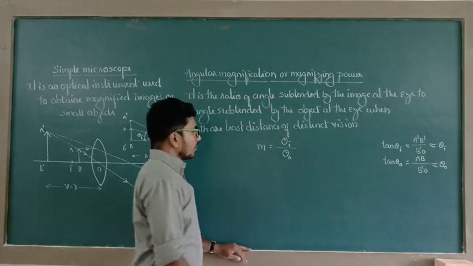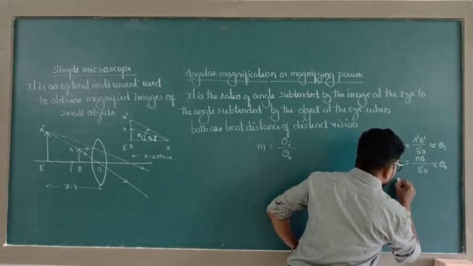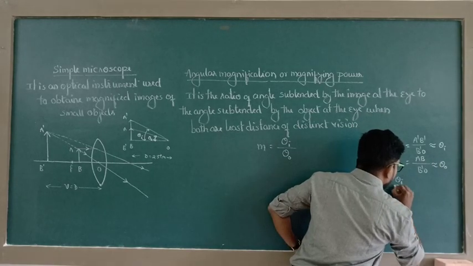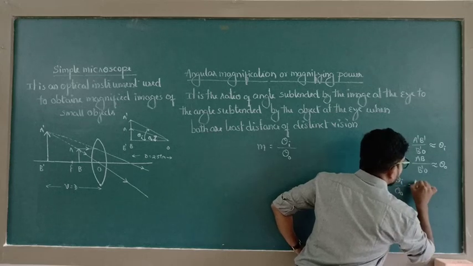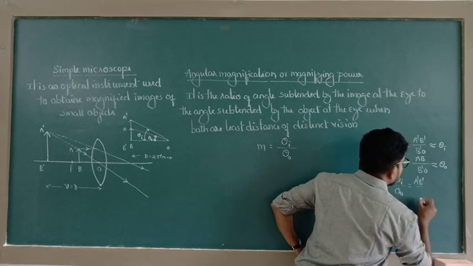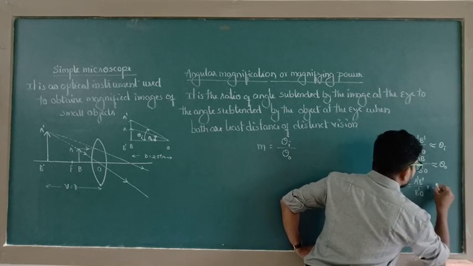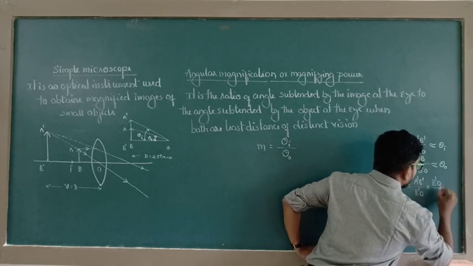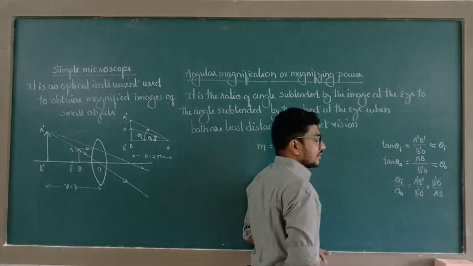So by considering the ratio of these two angles, that is the angle made by the image to the angle made by the object, is equal to A dash B dash divided by B dash O into B dash O divided by AB. B dash O gets cancelled.